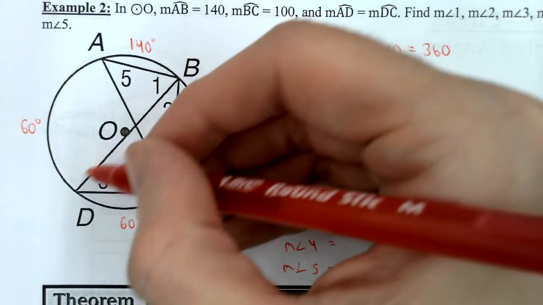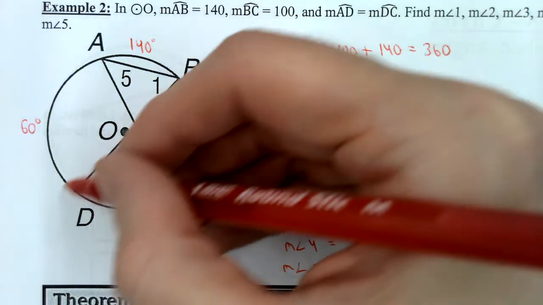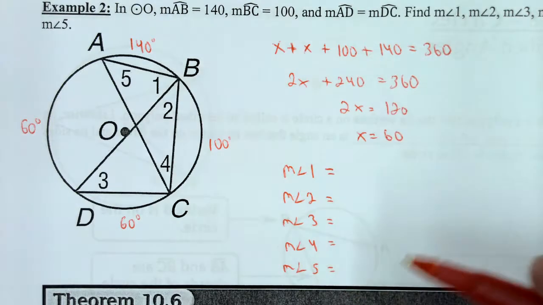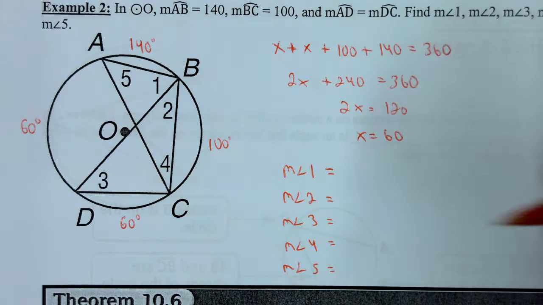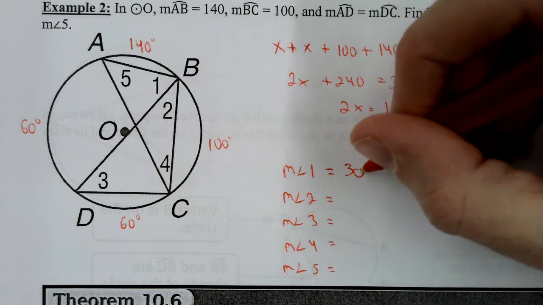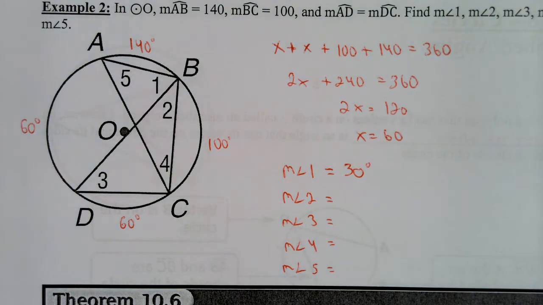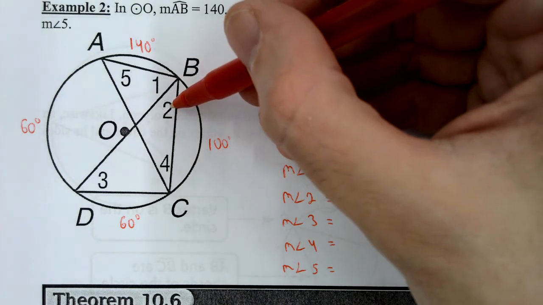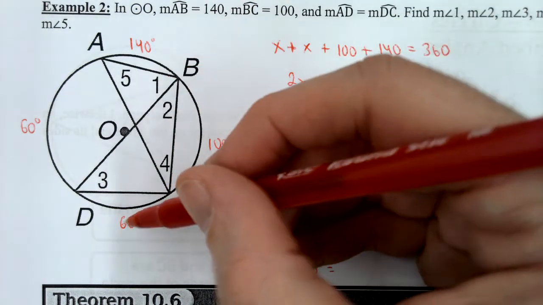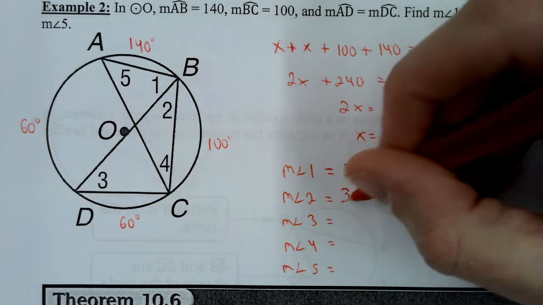Look at the arc that angle 1 intercepts. It intercepts arc AD, so it's 1/2 of 60, which equals 30 degrees. Angle 2 is also an inscribed angle. It's 1/2 of the arc that it intercepts, so it's 1/2 of 60, which is 30 degrees.